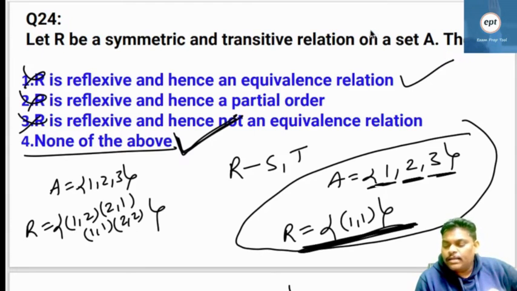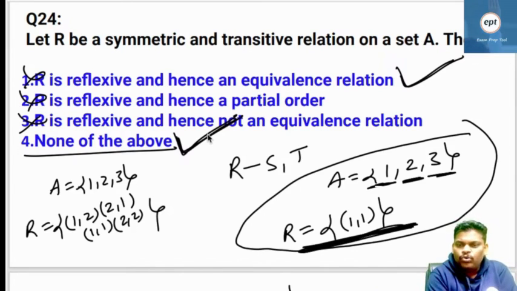Let R be a symmetric and transitive relation, then R is reflexive and hence equivalence relation. R is reflexive and hence partial order. Right, it's okay. Can we move to next?